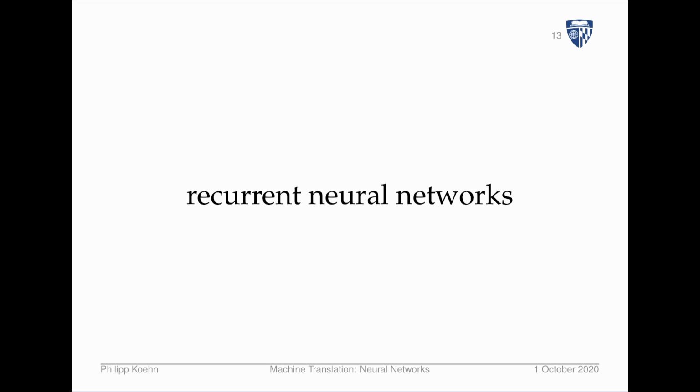Okay, back to our quest of building neural language models. So we already have one that we presented, which is really just taking the n-gram language model that we know from statistical natural language models and converting that idea into a neural space. Here's now a better idea, which is recurrent neural networks.